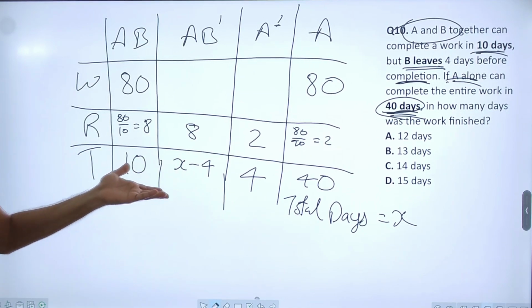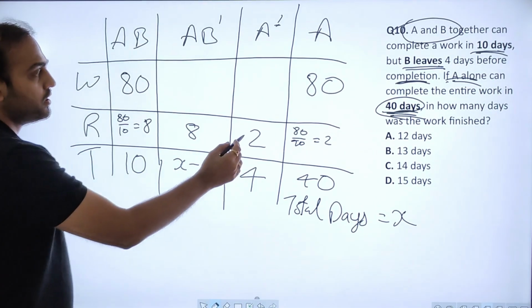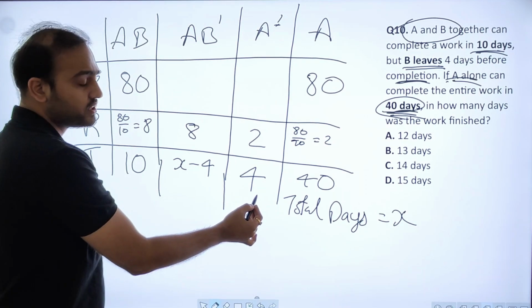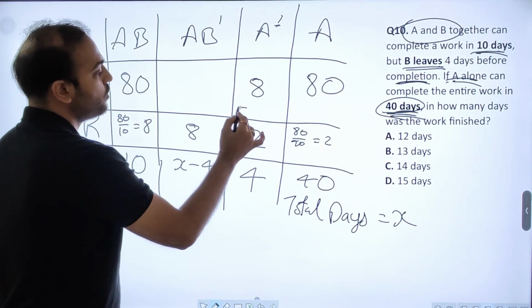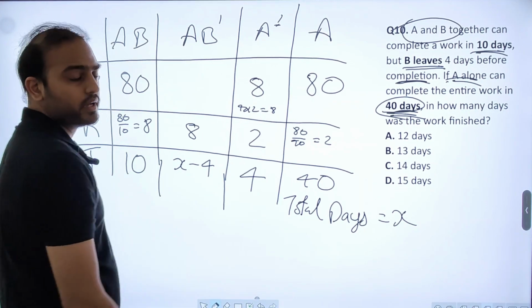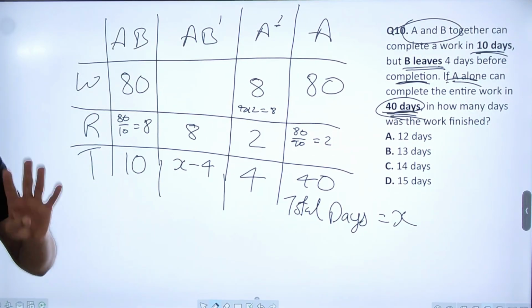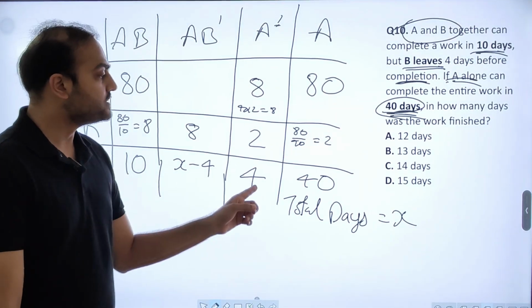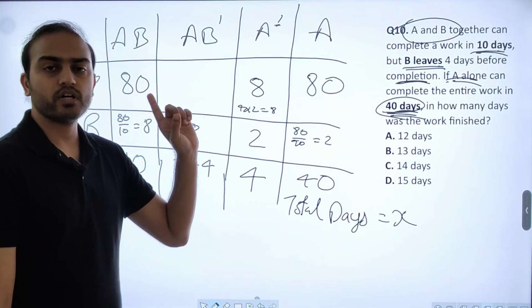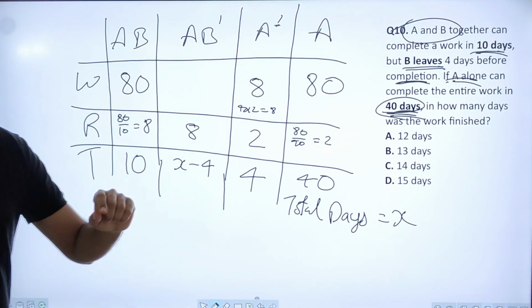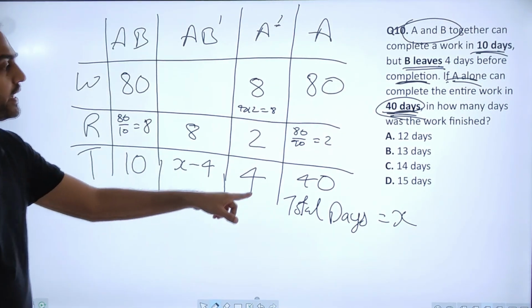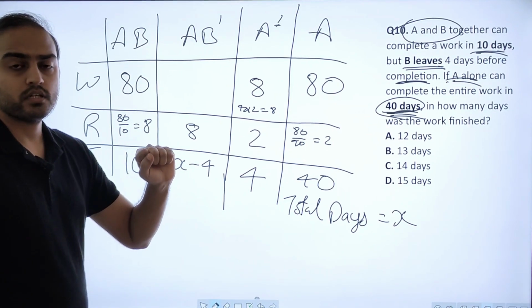Now last step, fill the table. Rate of A is 2, time is 4 days. So work done by him, 4 into 2, 8. That means in the last 4 days, A has finished 8 units of the work, or say chocolates. So if A eats 2 chocolates a day, in the last 4 days he will eat 8 chocolates.